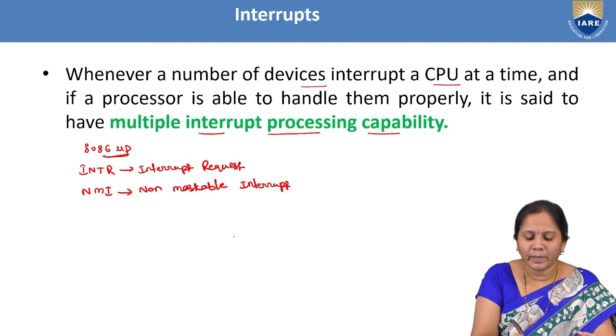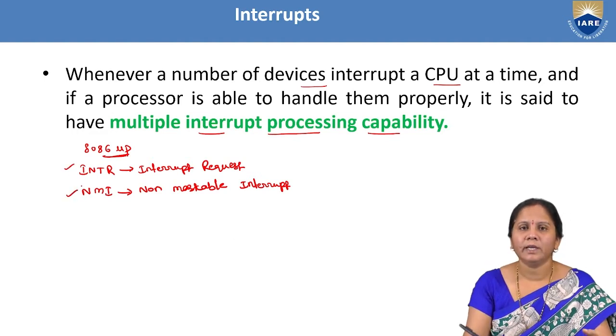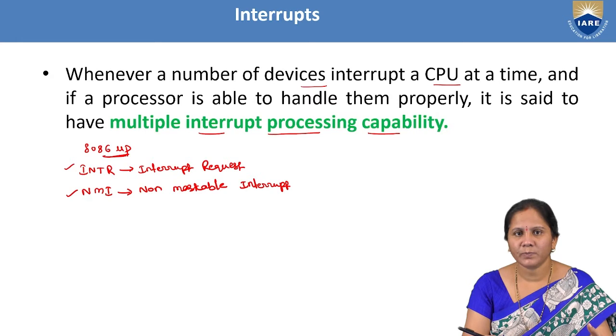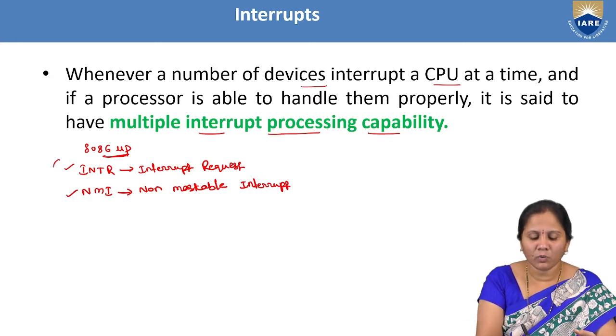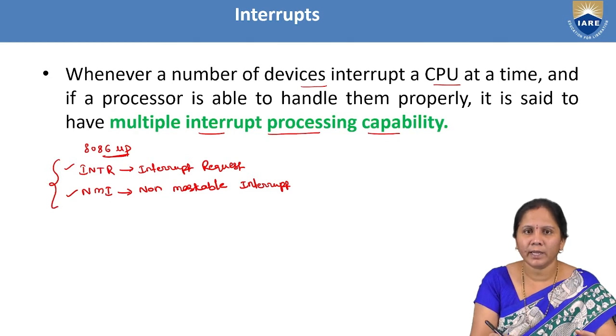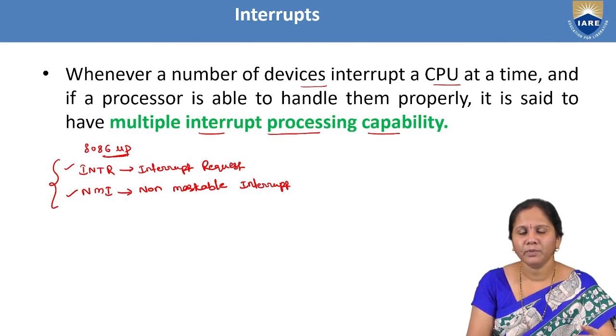From these pins only, external interrupts will come to the 8086 microprocessor. Since there are only 2 interrupt pins in the 8086, only 2 interrupts can come to it.